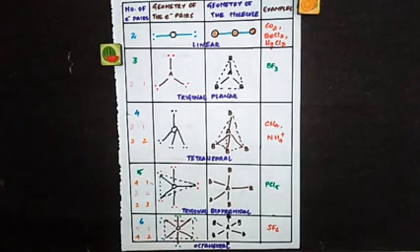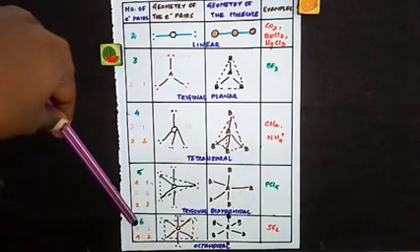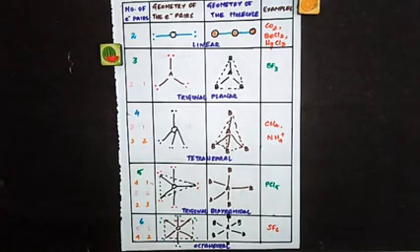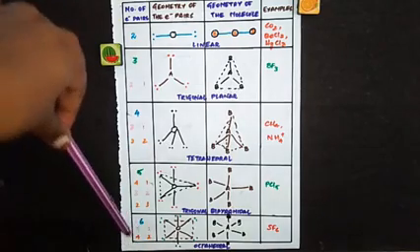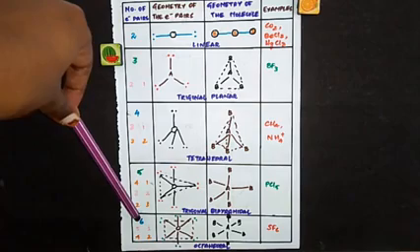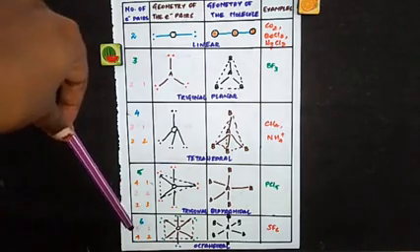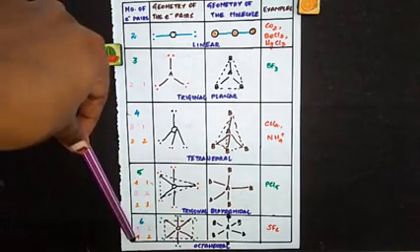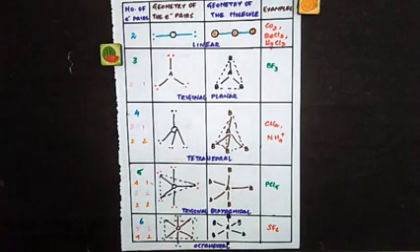And when there are 6 electron pairs, all the 6 can be bond pairs, or 5 can be bond pairs and 1 a lone pair, or 4 can be bond pairs and 2 can be lone pairs.